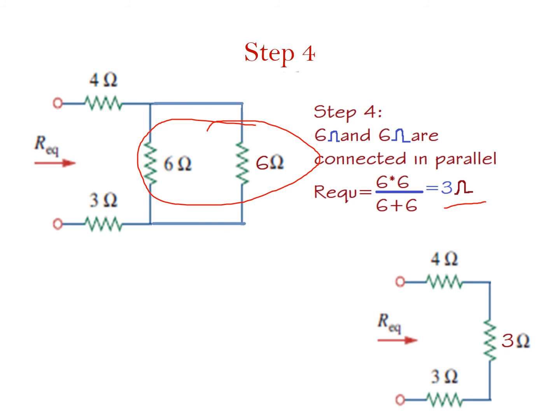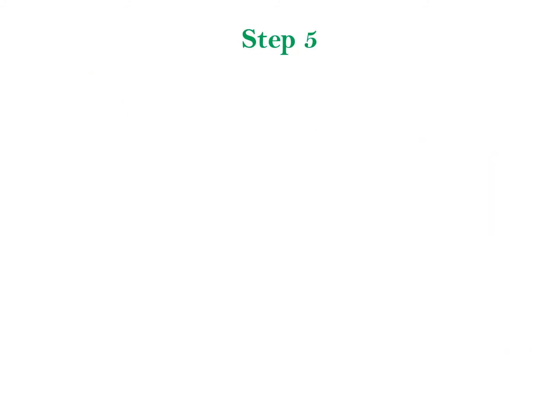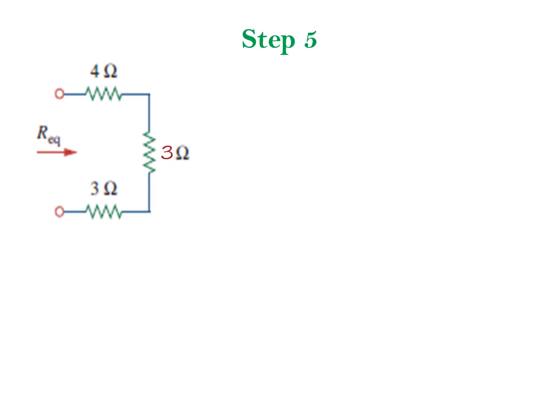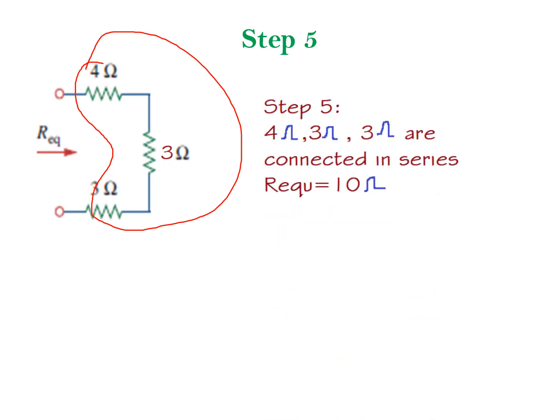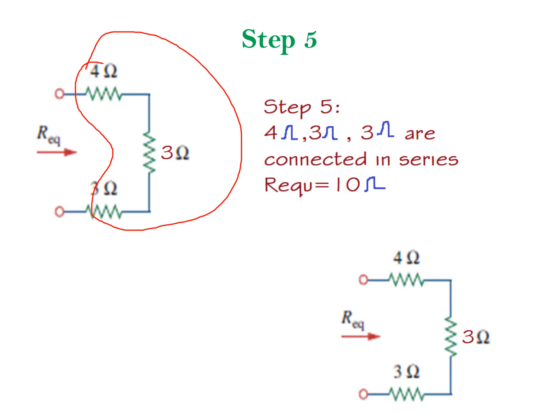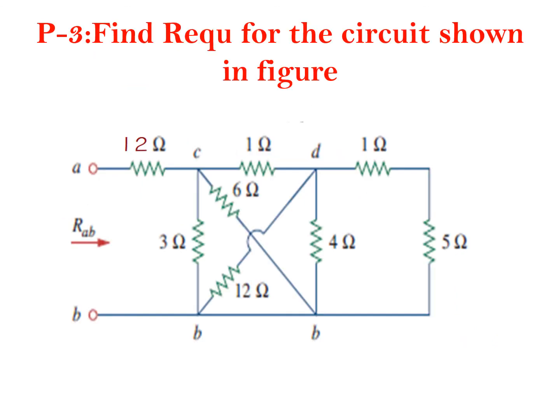This is the reduced network. Next, step number 5: these three resistances are connected in series. So what is the answer? 10 ohm. So this is the diagram.